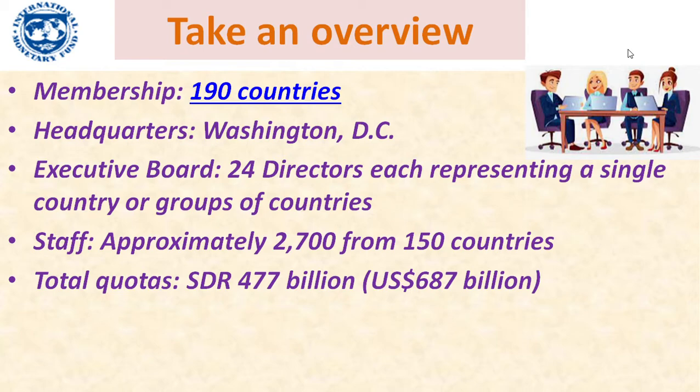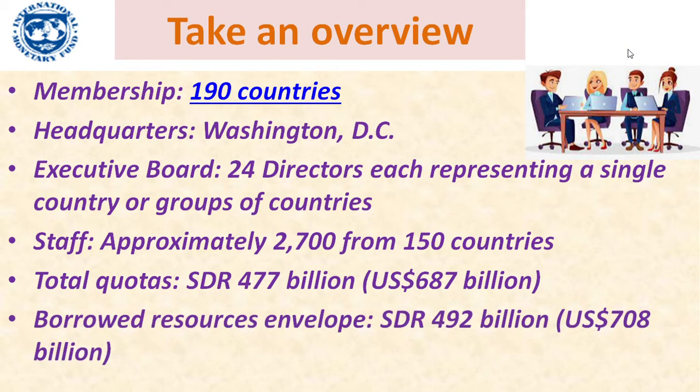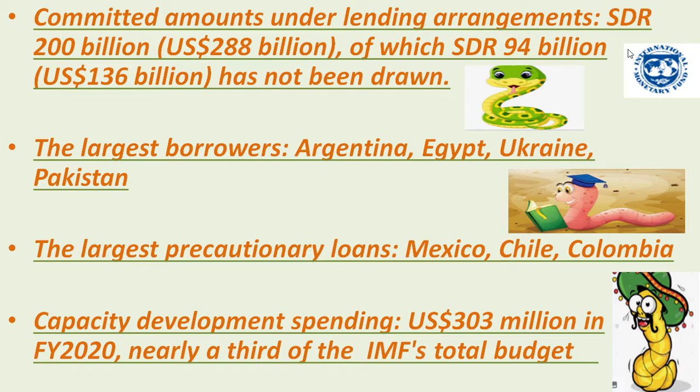Total quotas, SDR 477 billion, US dollar 687 billion. Borrowed resource envelope, SDR 492 billion, US dollar 708 billion. Committed amounts under lending arrangements, SDR 200 billion, US dollar 288 billion, of which SDR 94 billion, US dollar 136 billion has not been drawn.